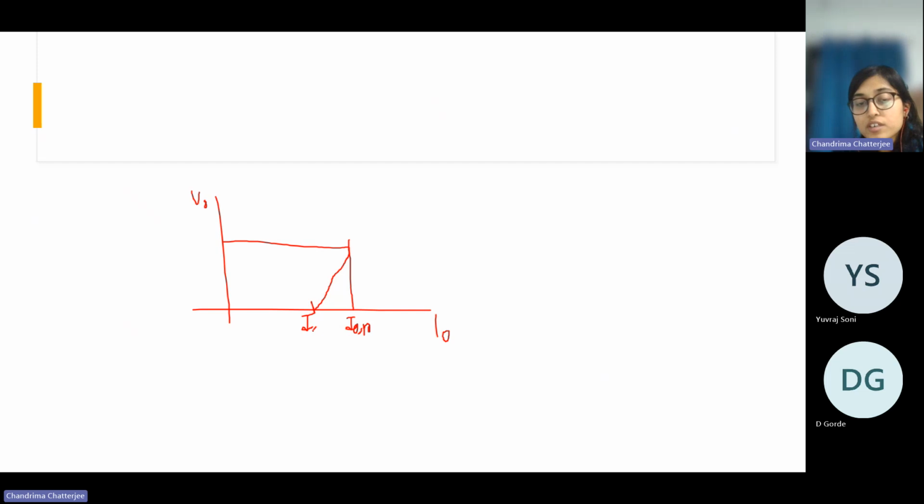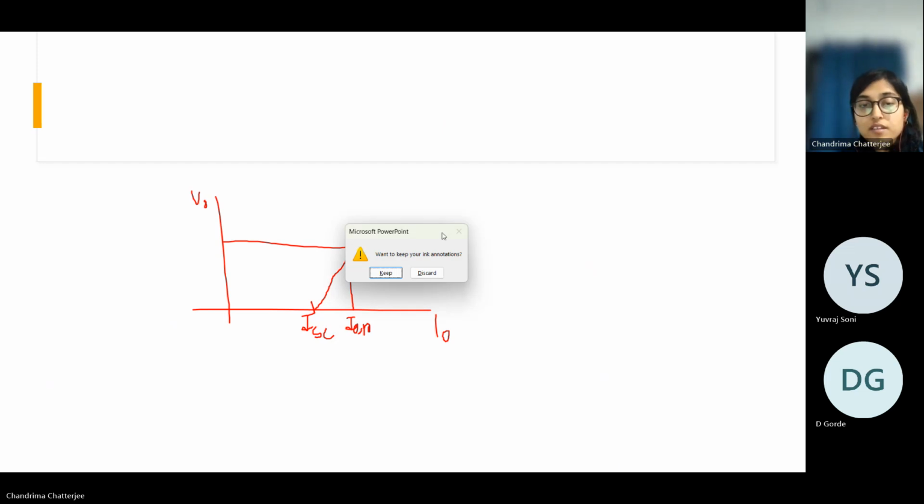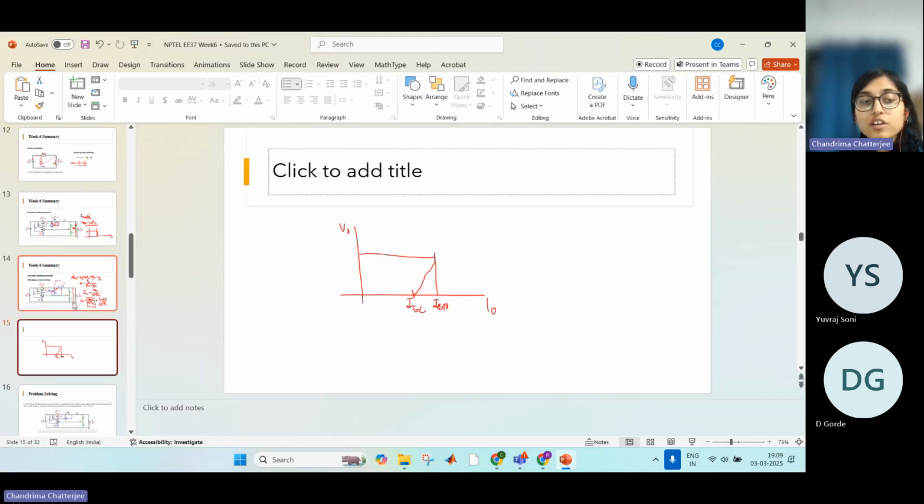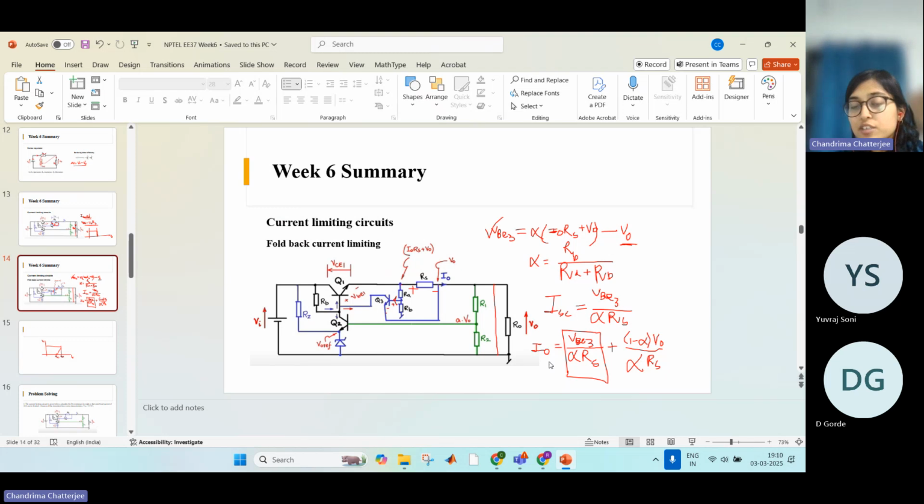That's why it is called a fold back circuit. Why? Because the current is coming here, then if there is some short circuit, the current is reducing, right? Because we already saw, mathematically, that your I naught is the summation of ISC plus some portion. In short circuit condition, the V naught is 0 because you are shorting this.